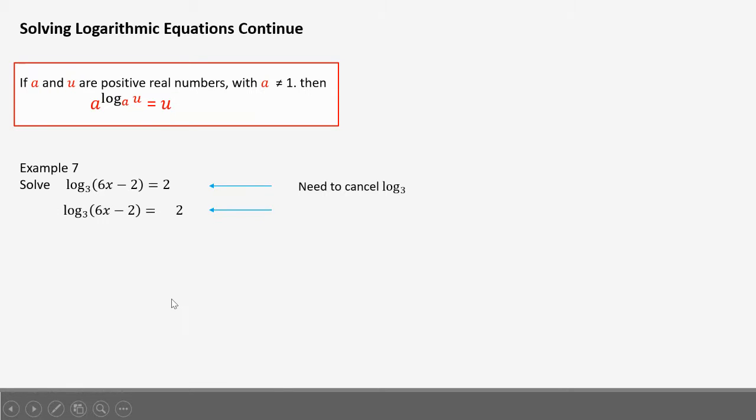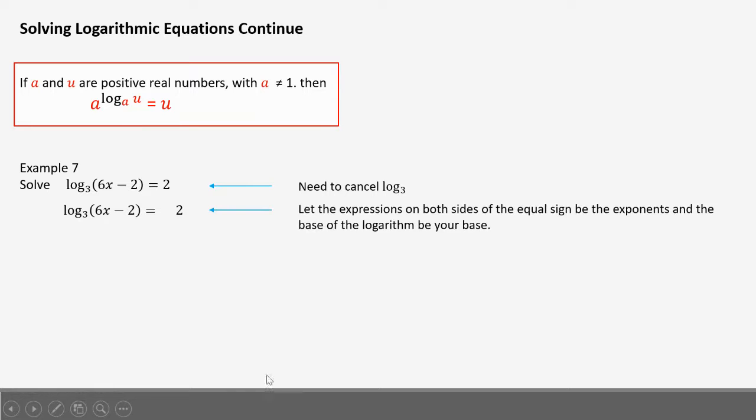Okay, so check this out. Here we're going to apply this rule. We're going to let the expression on both sides of the equal sign be the exponent. So this will be my exponent, and the base of the logarithm will be your base. So that means I put a 3 there.